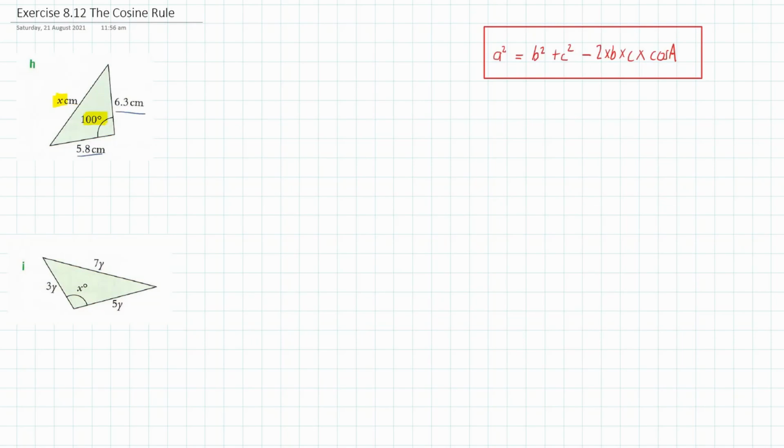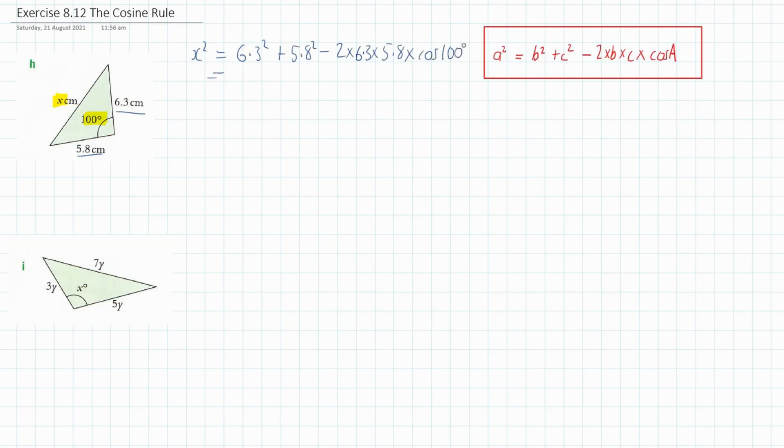Okay, so all we're going to do here is apply that. x will be our a, so x squared is equal to, and it does not matter if I choose 6.3 to be b squared or if I choose 5.8, it doesn't matter. Minus 2 times 6.3 times 5.8 times cosine 100.